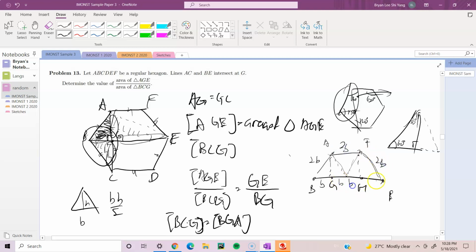So our triangle AGE has 3B, and our triangle BGA, which is the same as BGC, has 1B. So the area of triangle AGE over the area of triangle BCG would be 3B over B, which is 3. So the answer for question 13 is 3.